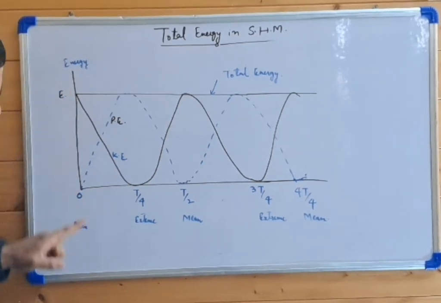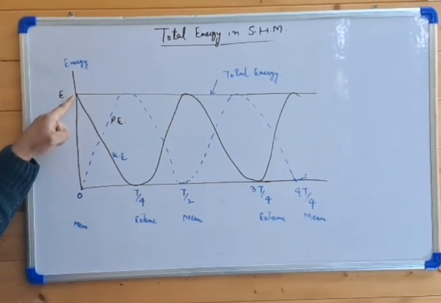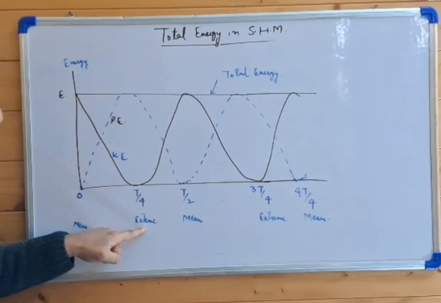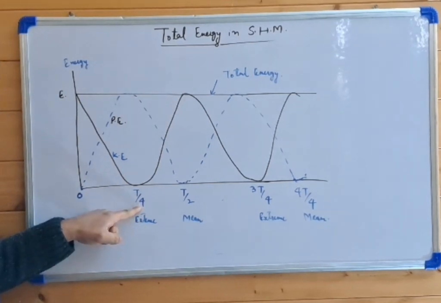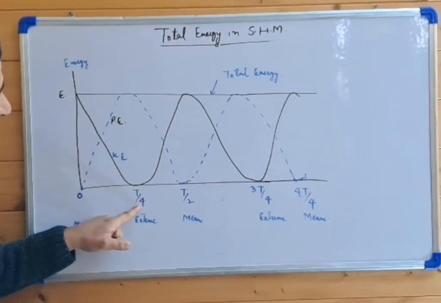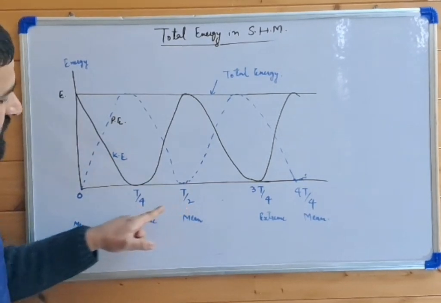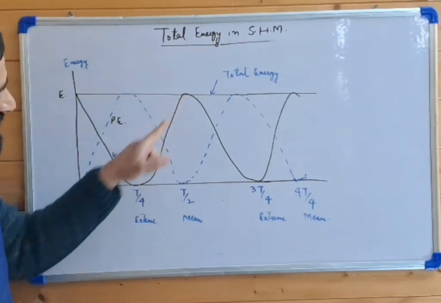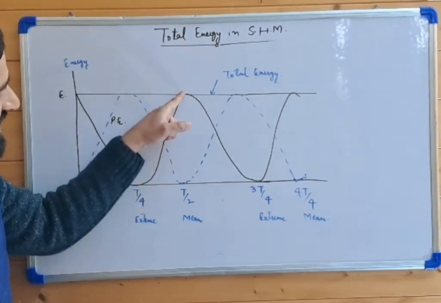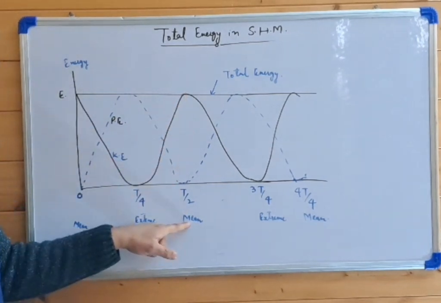While going from mean to extreme position, the kinetic energy decreases, and at extreme position, the kinetic energy is equal to 0. Now, going from T by 4 to T by 2, that is from extreme position to mean position, the kinetic energy increases and becomes maximum at the mean position.